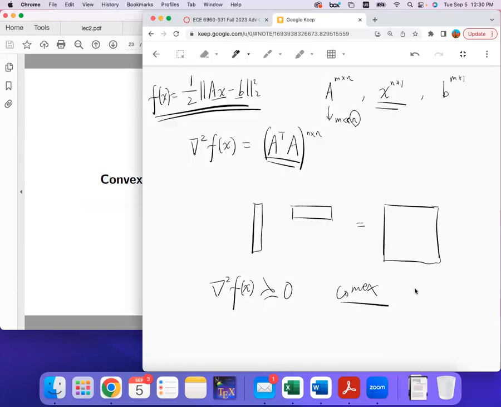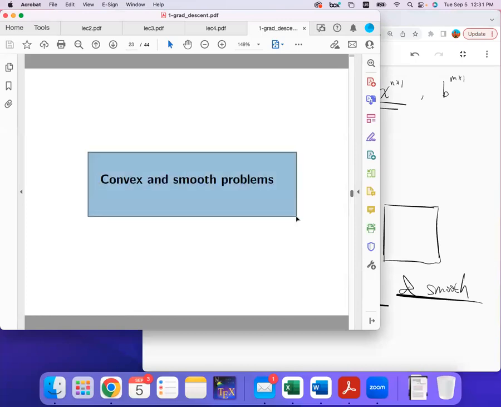It is smooth because this Hessian matrix always has an upper bound; the largest singular value is always finite. And the question is, for such a class of problems, what is the performance guarantee of gradient descent? Can we still achieve the geometric convergence rate as what we have shown for strongly convex problems?